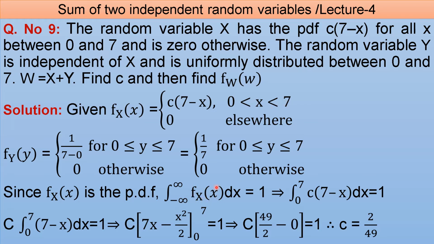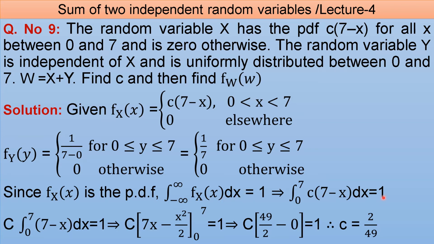So consider x values only between 0 and 7, because for other x values fx of x will be 0. So take the integral from 0 to 7 of fx of x dx, which is c into 7 minus x dx, and that must be equal to 1.